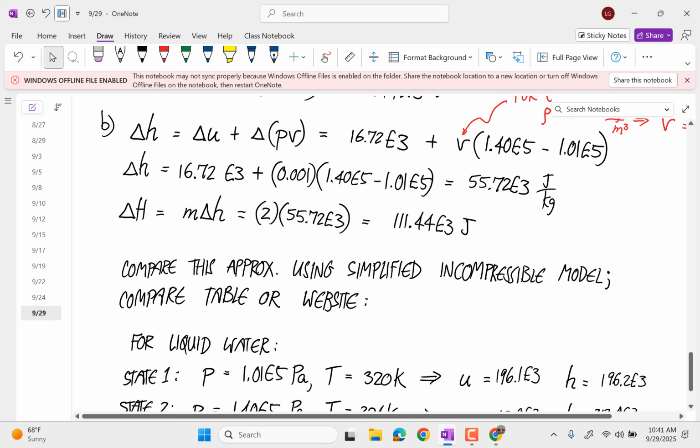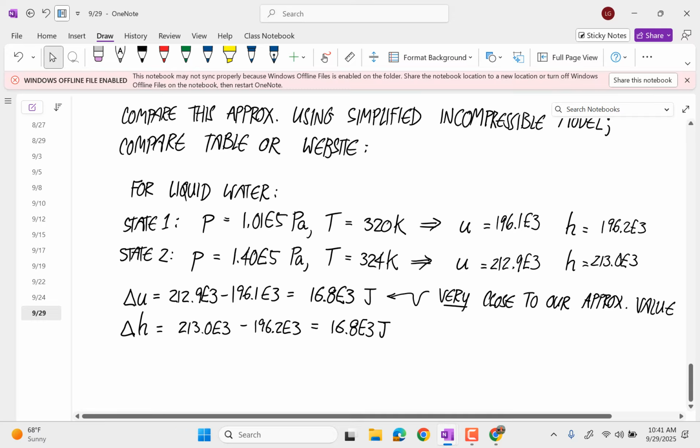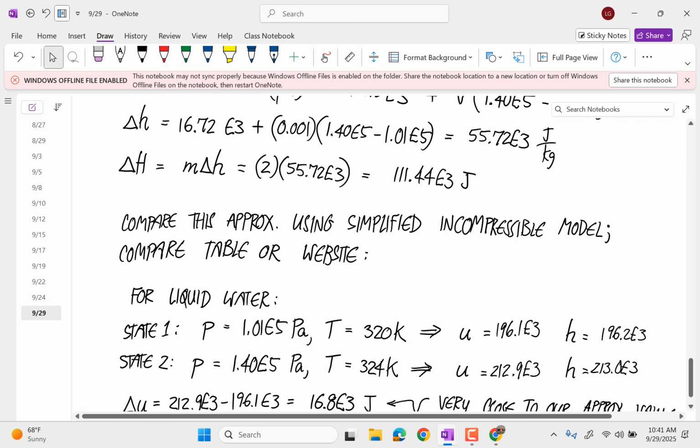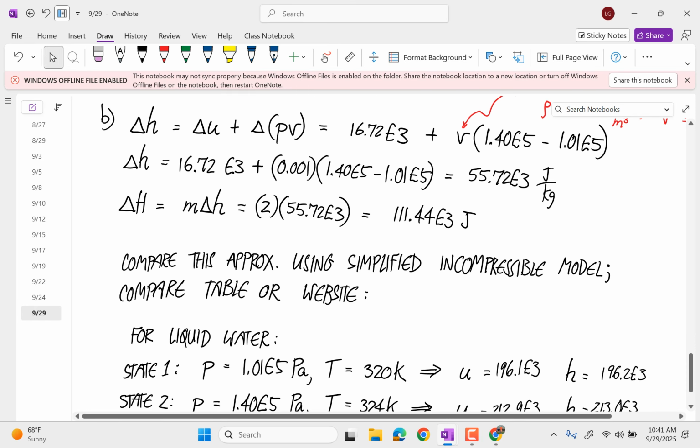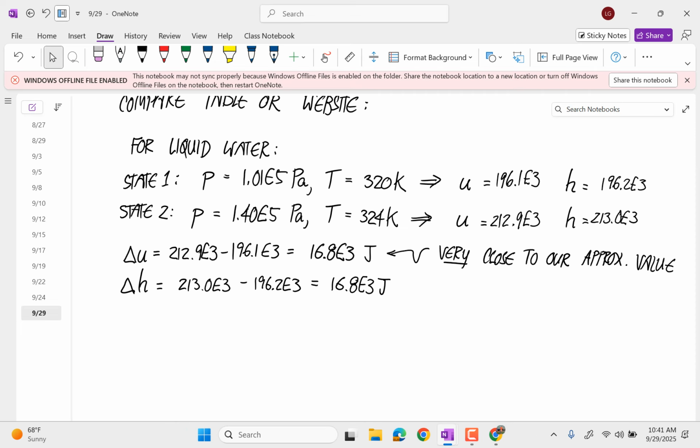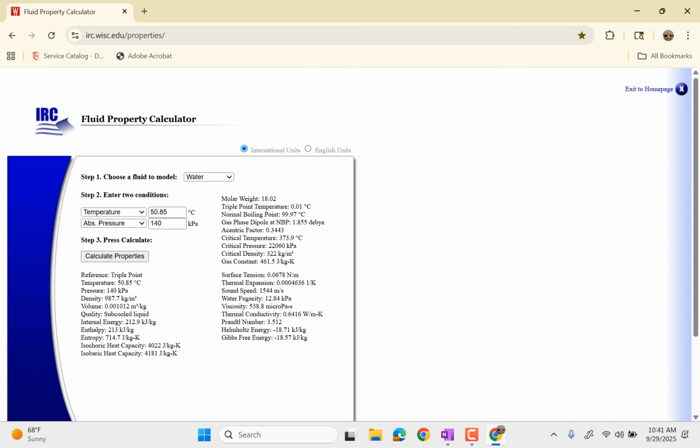I think when you actually calculate that, 0.1, 55.72. So 50.85 Celsius, 140 kilopascals. Calculate these things.